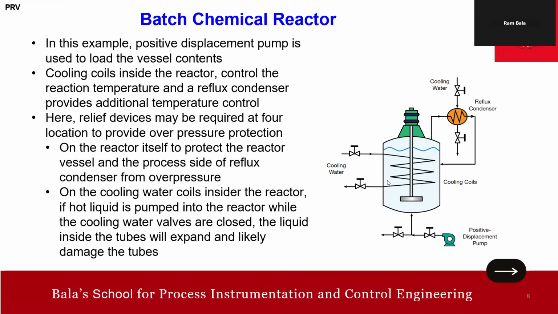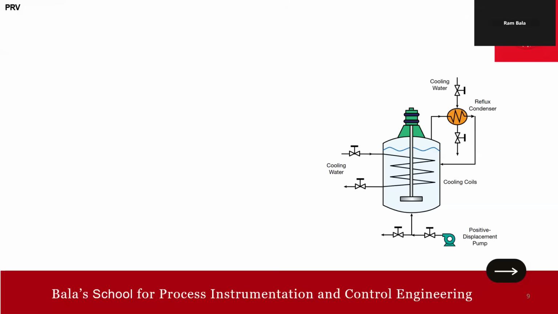For example, if hot liquid is pumped into the reactor while the cooling water valves are closed, the liquid inside the tube will expand and likely damage the tubes. So there also we need a relief device on the cooling water coils inside the reactor. So this is the second scenario.